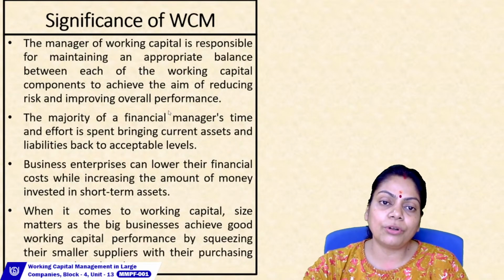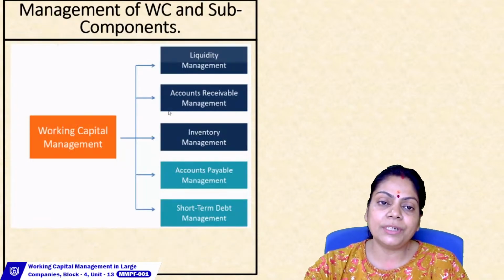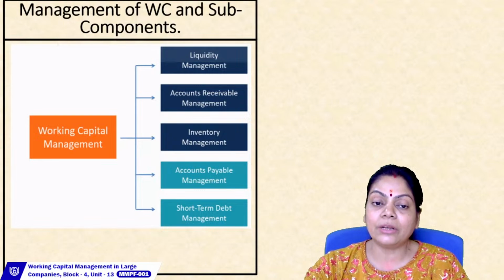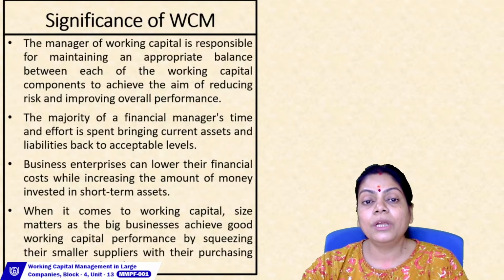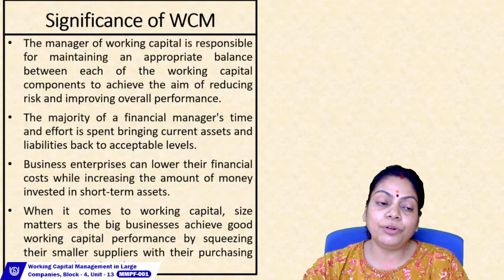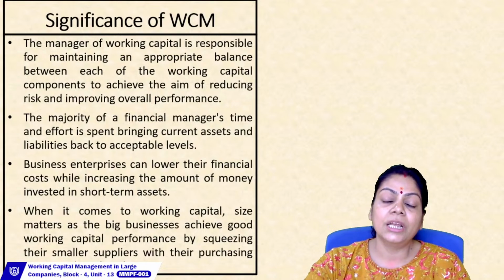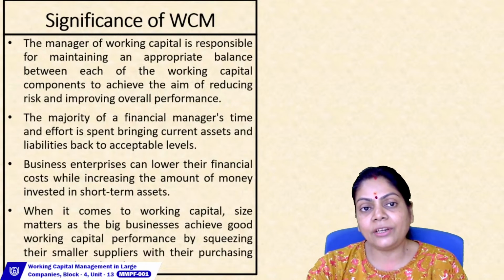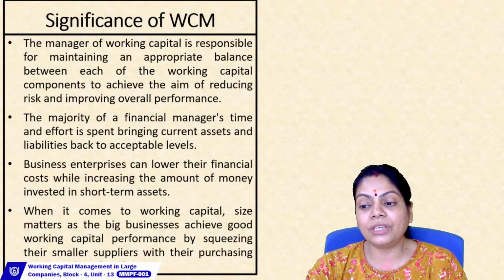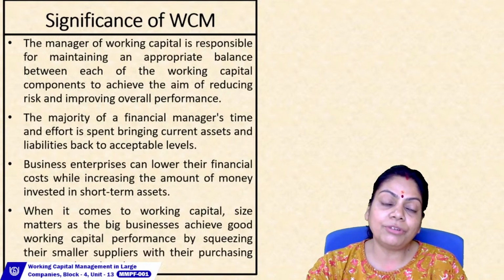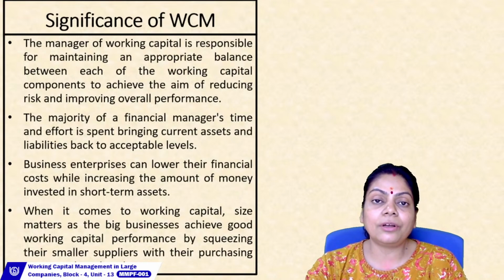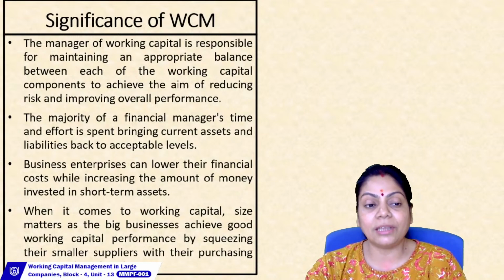These components we saw now, the 5 components: liquidity or cash, debtors, creditors, inventory, and the short-term financing. So the finance manager's job is to maintain a proper balance between all these components. If all these components are interacting in balance and in a good manner, without any friction, then you say that the working capital is efficient.